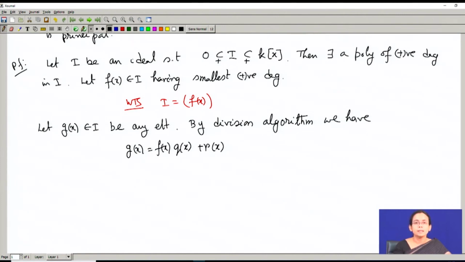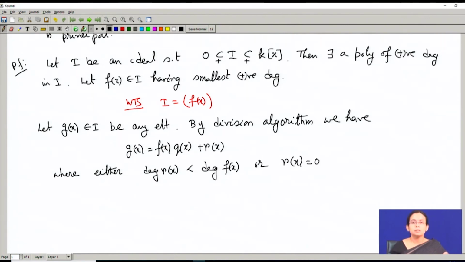What is this r(x)? r(x) is known as the remainder, where either the degree of r(x) is strictly less than the degree of f(x), or r(x) is equal to 0. This is what we know from the division algorithm.